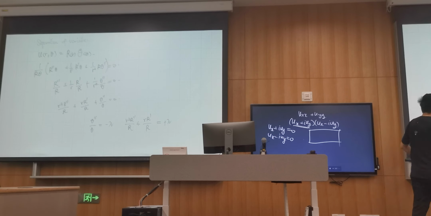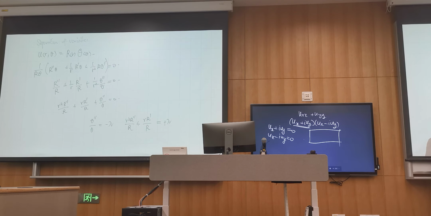Theta is what kind of function? Periodic function. So here actually we're looking for the eigenvalues and eigenfunctions of the second order differential operator, and this time we're doing that in what space? In periodic space.